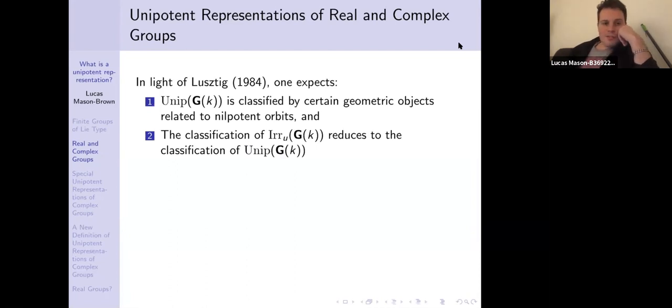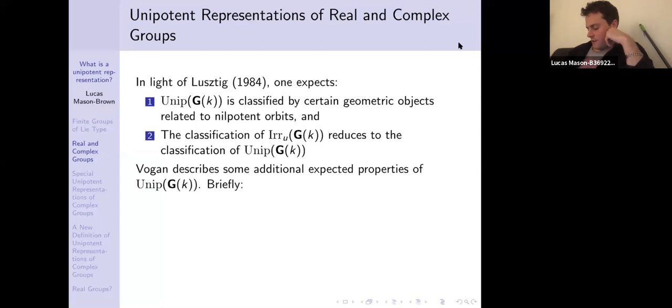So this set, first of all, should have the following two properties. It should be parameterized by some geometric objects related to nilpotent orbits. And the classification of all unitary representations should reduce in some sense to this finite set.